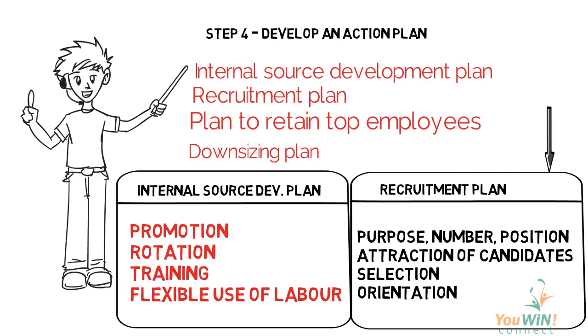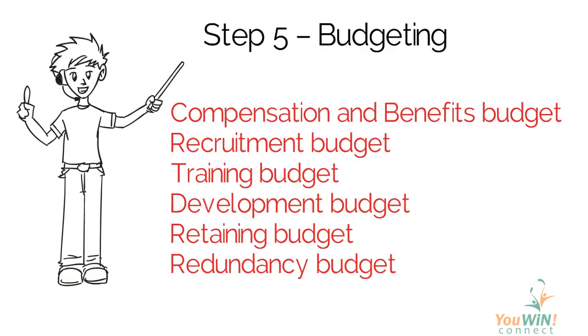After you've developed your action plan, we now look at your budget. On the slide, we can see that we have a compensation and benefits budget, a recruitment budget, training budget, development, retaining, and redundancy.